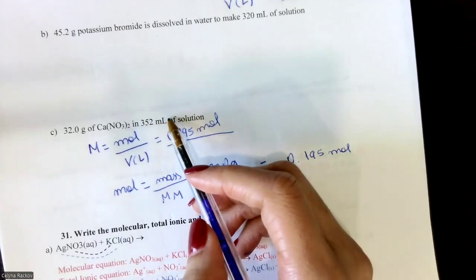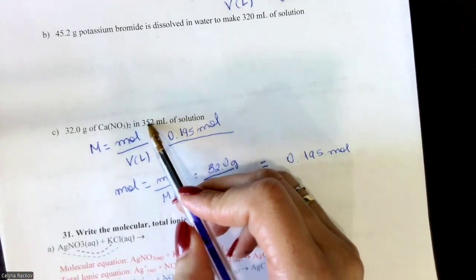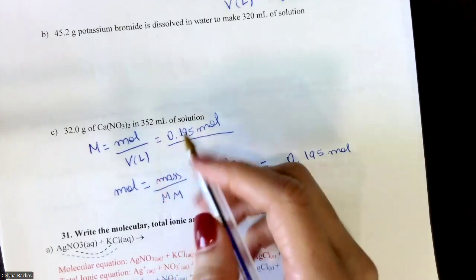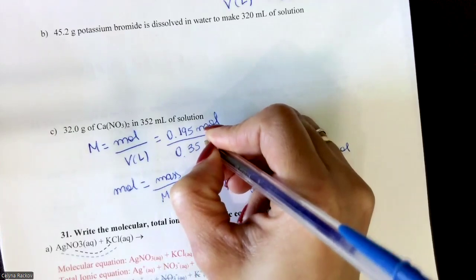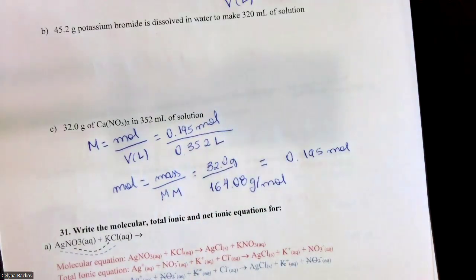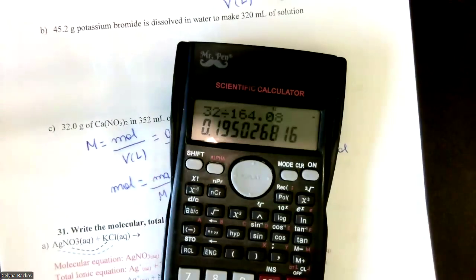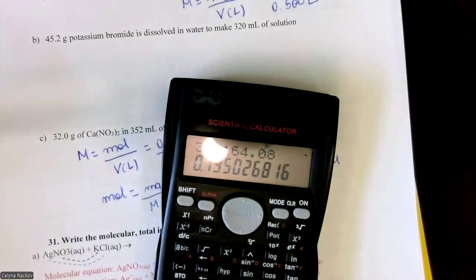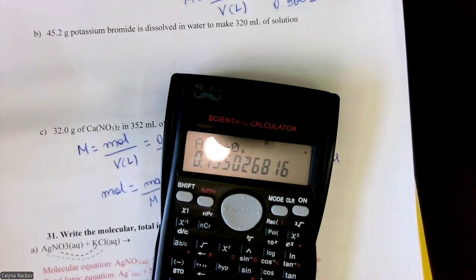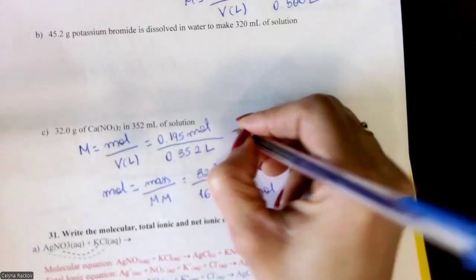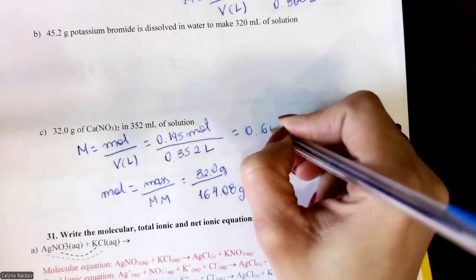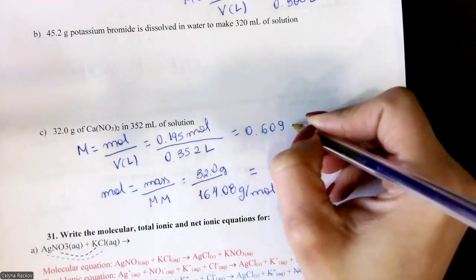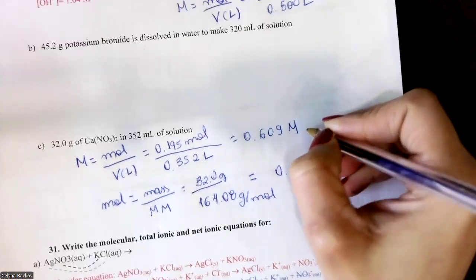Liter divided by 1,000, so 352 divided by 1,000 will be 0.352 liters. Okay, let's divide this by 0.352, which is equal to 0.609 molar of calcium nitrate.